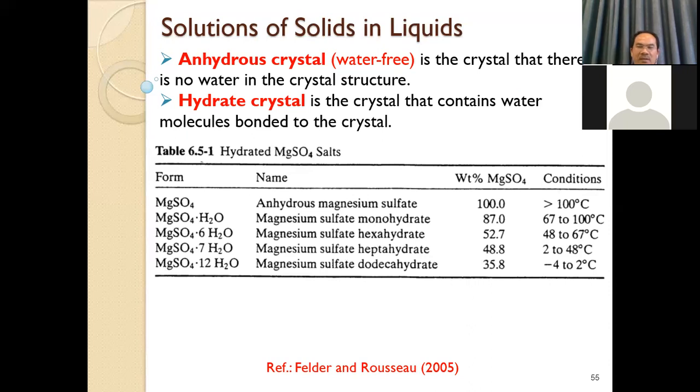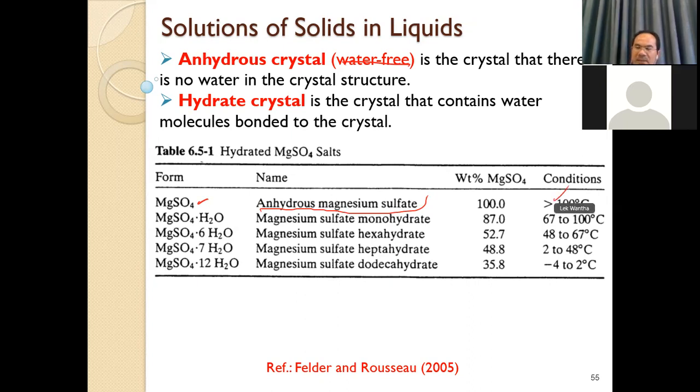Hydrate crystal means the crystal obtained is also mixed with water molecules, interacting in the crystal structure, or the lattice structure. For example, anhydrous means no water, or water-free crystal, like magnesium sulfate, where there is no water.